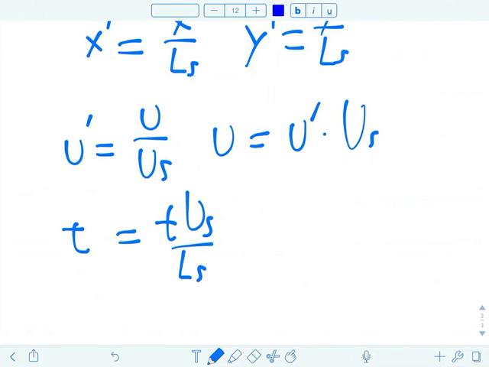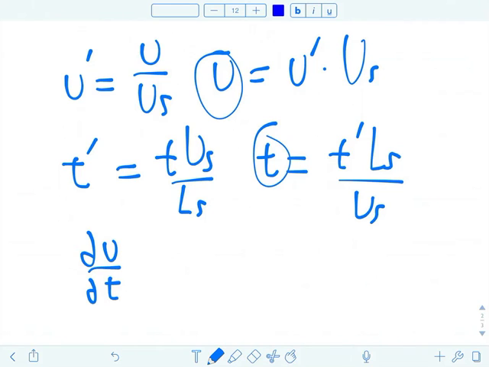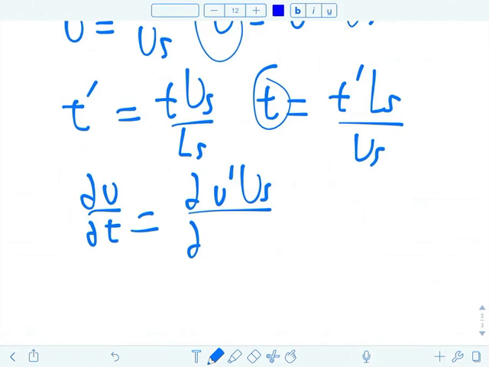So I can write T equals T prime times L ship over U ship. Okay, now I'm going to take these quantities and insert them into my partial U, partial T. So this is going to be equal to partial U prime U_S divided by partial T prime L_S over U_S.